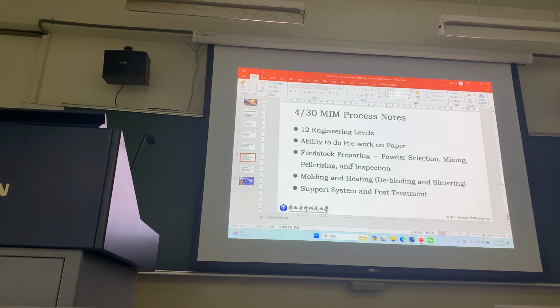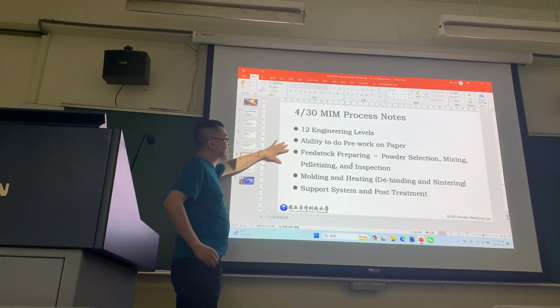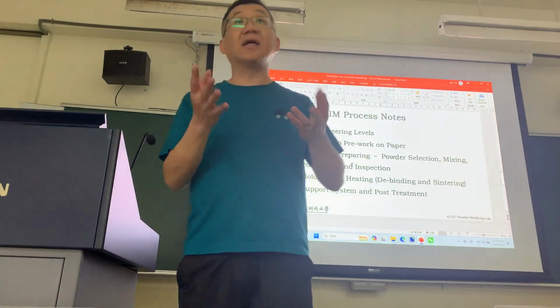Okay? So everybody should know what technology can be developed for industry. For any industry, it should collect a lot of know-how and knowledge. Okay, so I separate it into 4 topics. The first one is we work on the paper. Okay, everything should be discussed on paper.